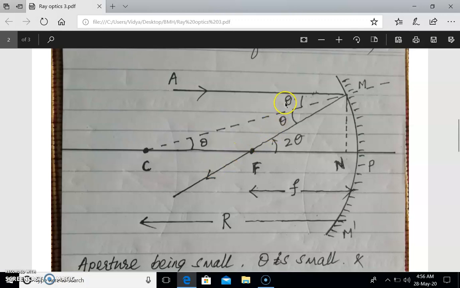The angle of incidence is theta, the angle of reflection is also theta. The angle MFN is an alternate angle, that's why it is 2 theta. The aperture of the mirror being small, N lies very close to P. The distances measured from N are nearly equal to the distances measured from P.